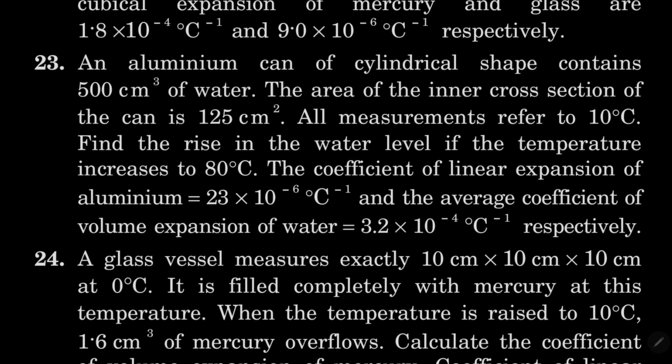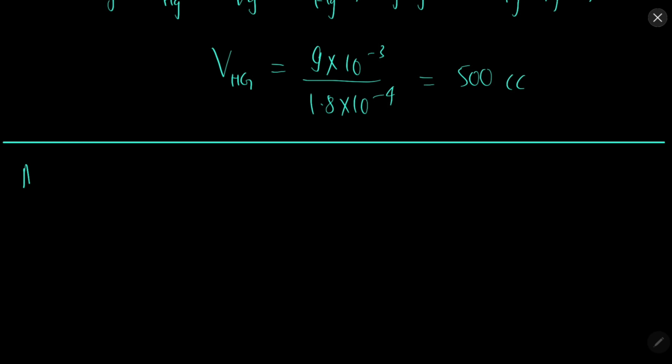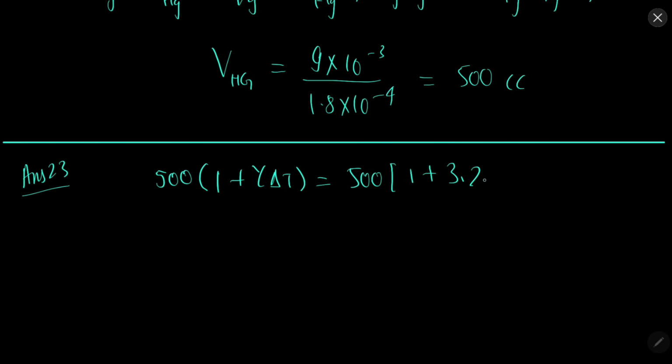In question 23, an aluminum can is given. Find the rise in water level. Solution 23. In this scenario we will have this equation: 1 plus gamma del T, with 3.2 into 10 to the power minus 4, and 80 minus 10.